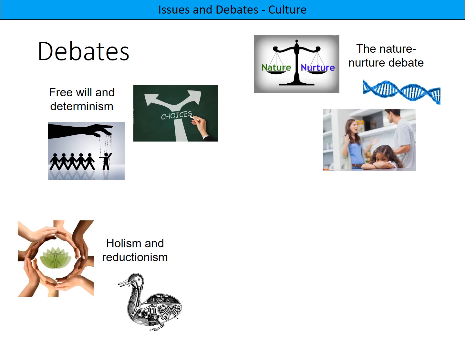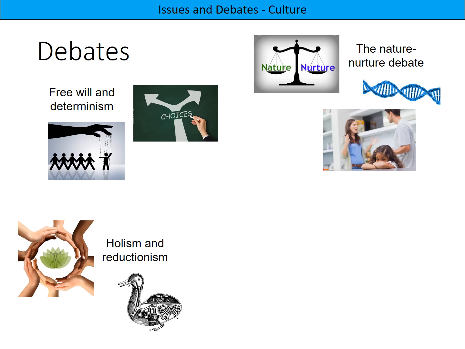Next debate is the holistic and reductionist approaches, so holism versus reductionism. Reductionism, so you've got the picture of the duck, so the idea that our behaviour is reduced down to component pieces, just in the same way that you've got the duck there, and you can see separately the beak and all the inner goings on of that duck. It's reduced down to hormones, neurotransmitters, genes, environmental factors.